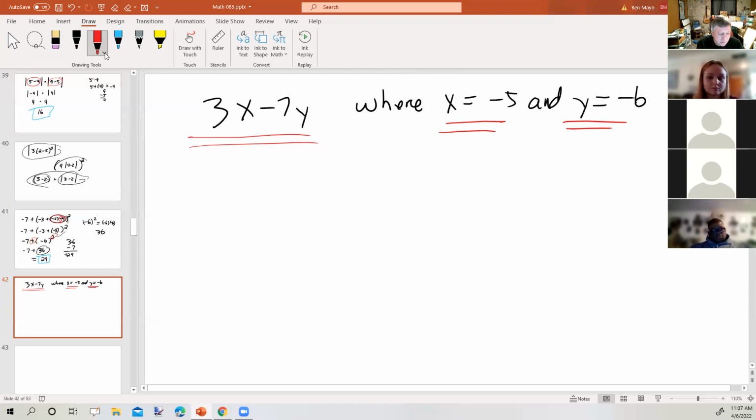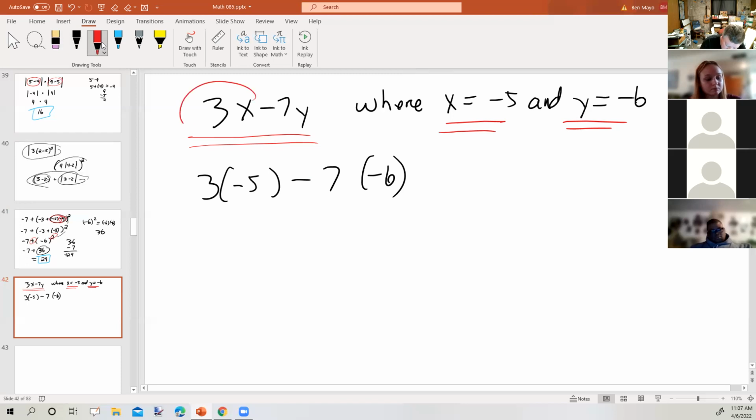When we replace a variable with its numerical value, the safest way to go is to put parentheses around the substitution.